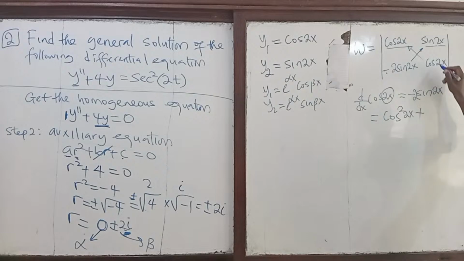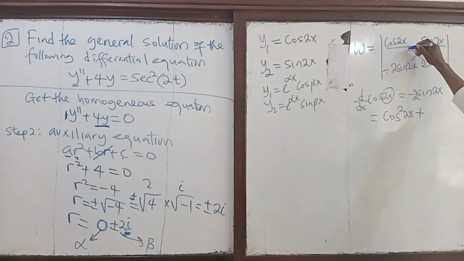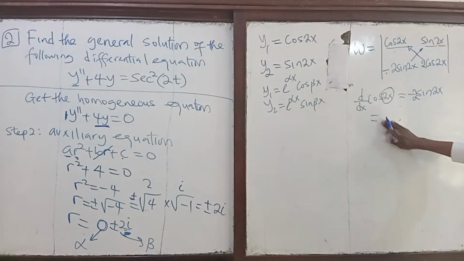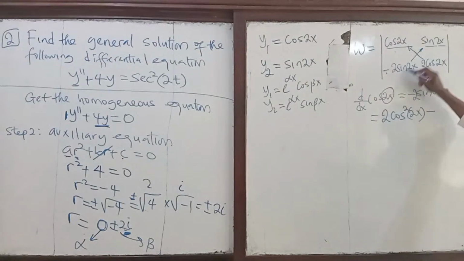Don't forget the 2 here. So this one times this one gives us 2 cos squared 2x, minus this one times this one, which is minus 2 sine squared 2x.